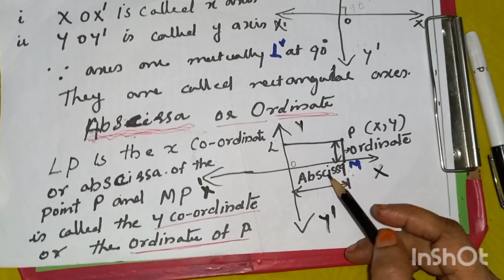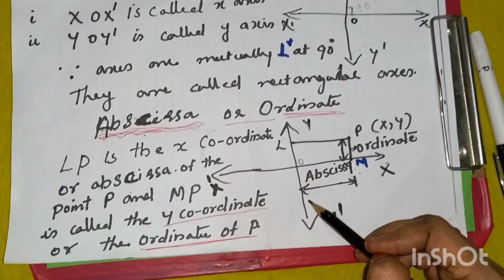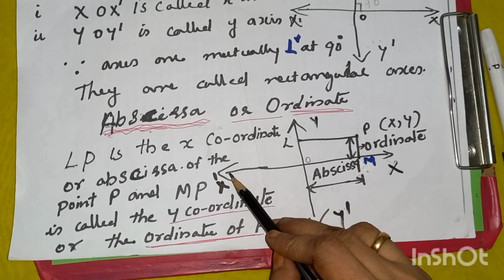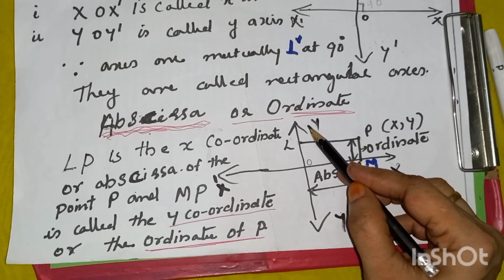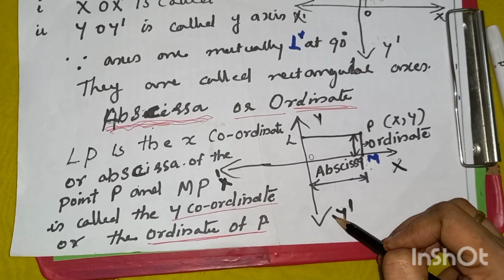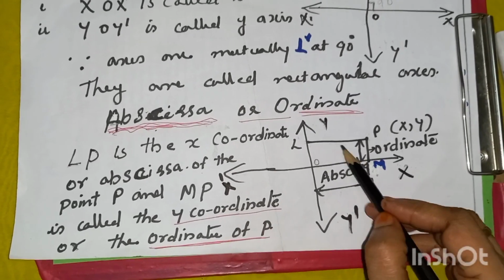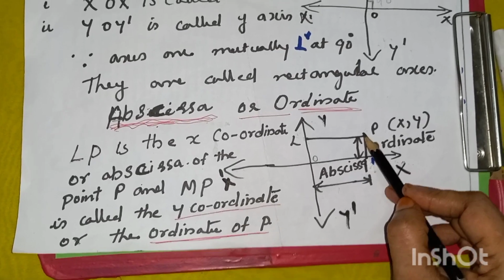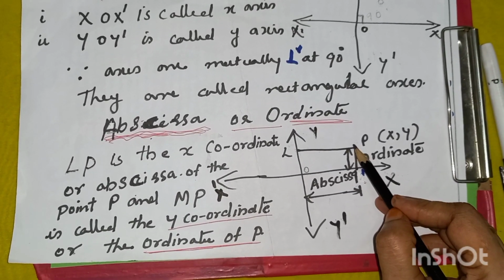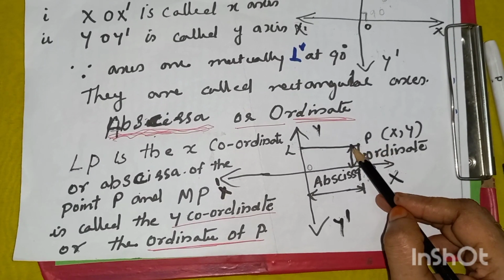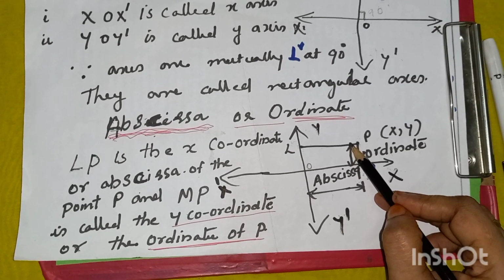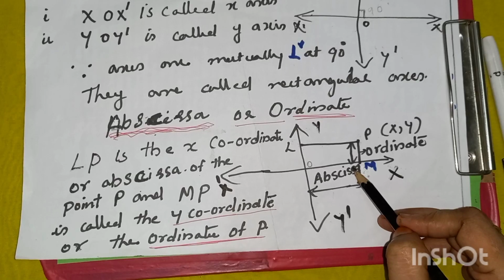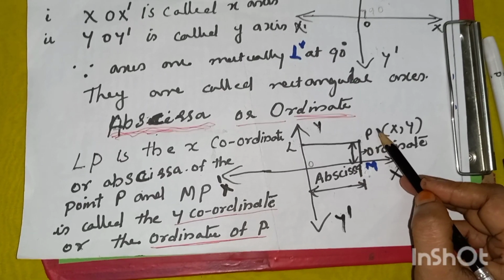Next, see, this is the x-axis, X'OX, and Y'OY. This length LP is the x coordinate, or we can call it the abscissa of the point P. What are the coordinates of P?